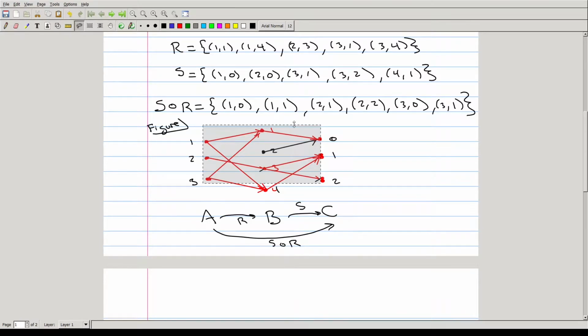But we clearly can see from this picture, this figure, what is meant by the composition of two relations.